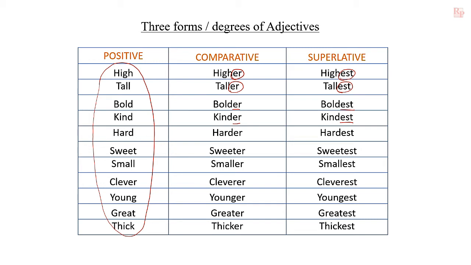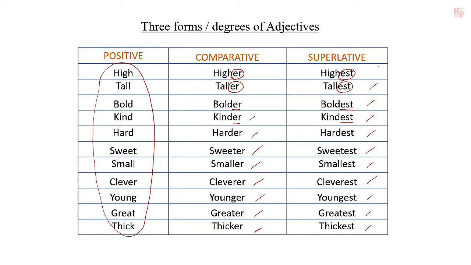Just by adding er, it becomes higher, taller, bolder, kinder, harder, sweeter, smaller, cleverer, younger, greater, thicker. Like that, you can write them by adding est in superlative degree: highest, tallest, boldest, kindest, hardest, sweetest, smallest, cleverest, youngest, greatest, thickest.